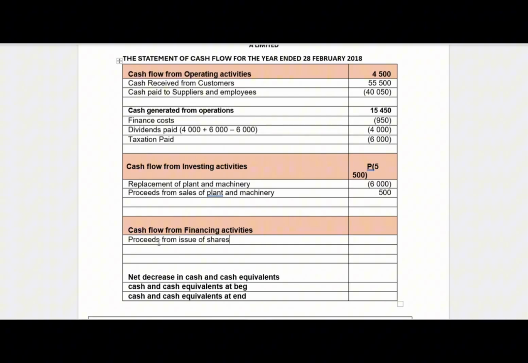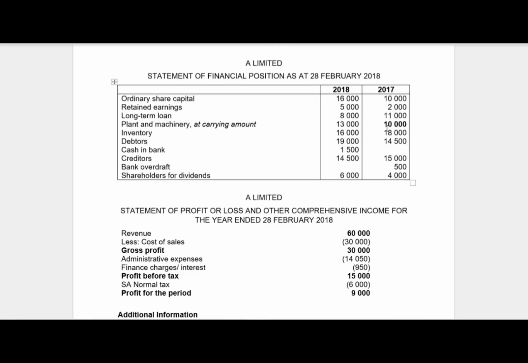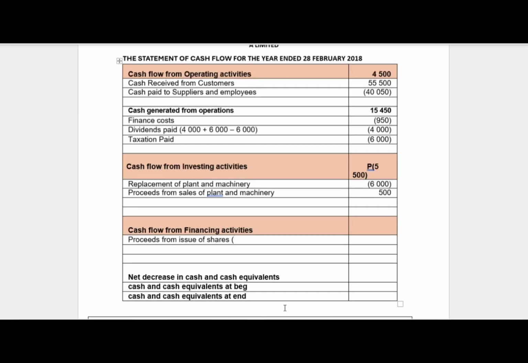And then you can also indicate in brackets the calculation right there, no problem. So we are going to say 16,000 minus 10,000, right? It's the only shares that I see. So we're just going to deal with that. 16,000 minus 10,000. So let's go to our answer sheet and do the calculation.